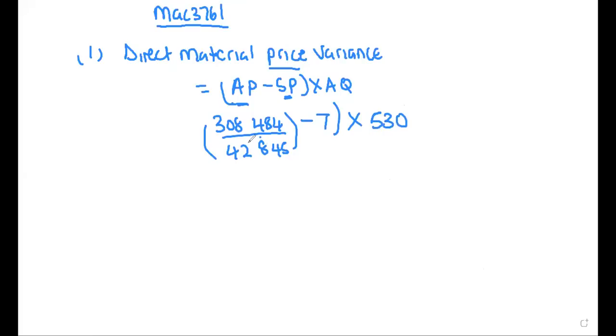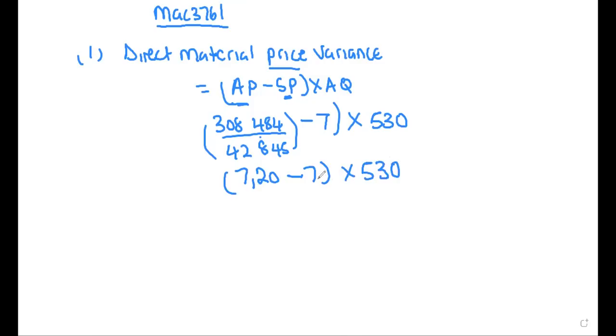Let's have the actual price here. What is it going to be? 308,484 divided by 42,845 is 7 Rand 20 cents. So it's going to be 7 Rand 20 minus 7 times 530.